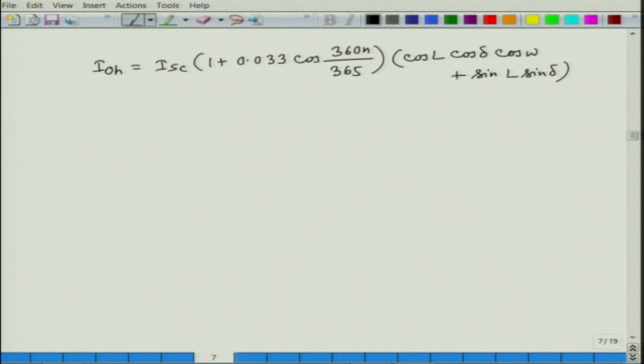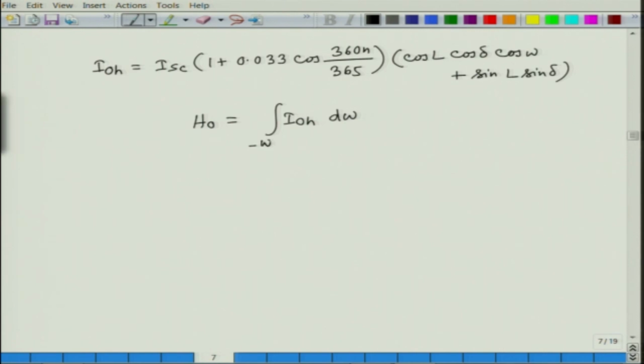Okay. Just do not bother about the cos theta h expression, what are those angles, we will go into detail in future classes. Okay. Now, once we know that, what we can find, this H naught is related to this IOH, right. What is that? H naught is nothing but integration of this whole IOH with the duration of sunshine hour.